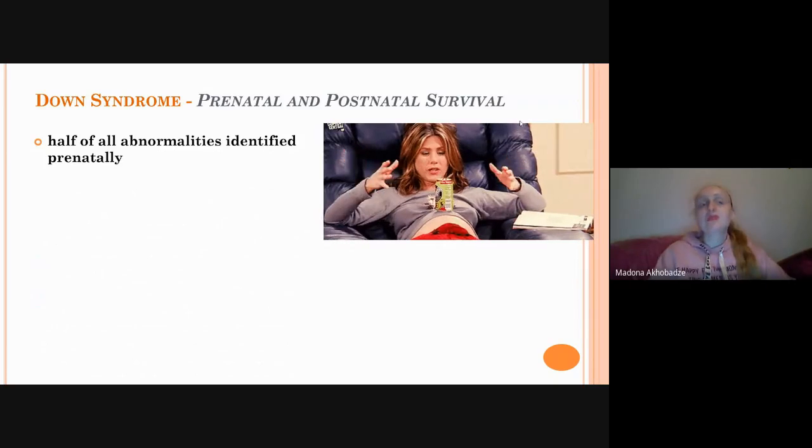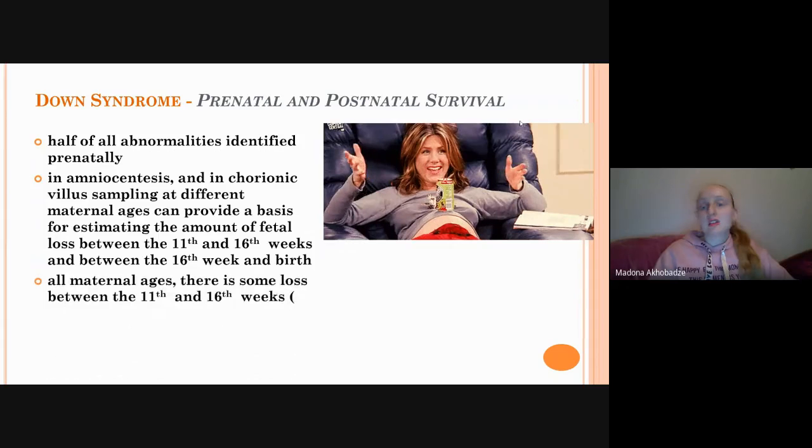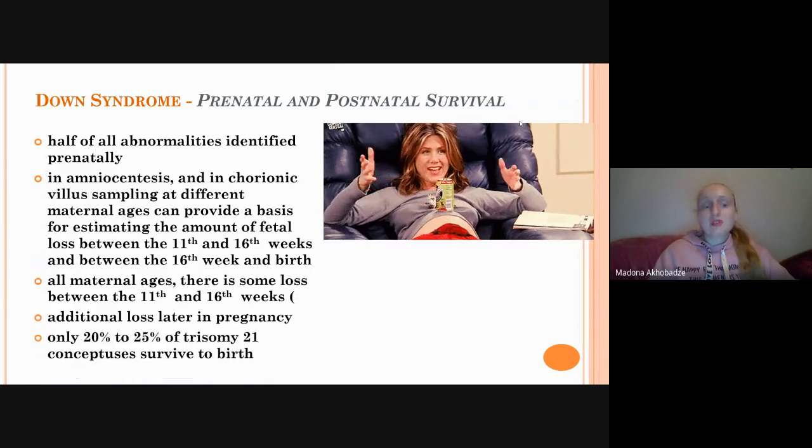They see the extra 21st chromosome and give the final diagnosis and the choices after. Amniocentesis and chorionic villus sampling at different maternal ages can provide a basis for estimating the amount of fetal loss, and can define the diagnosis and the reason for the spontaneous abortion. Additional loss later in pregnancy could also be detected with amniocentesis.